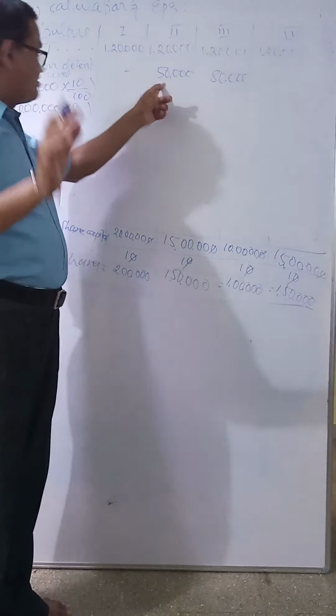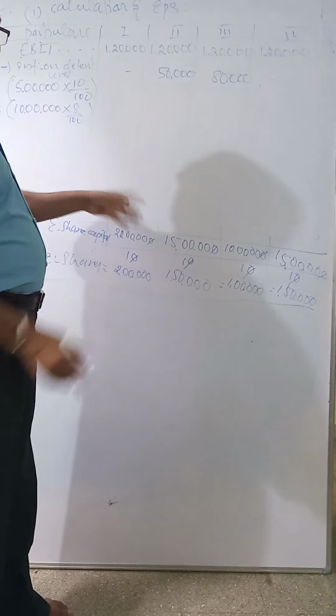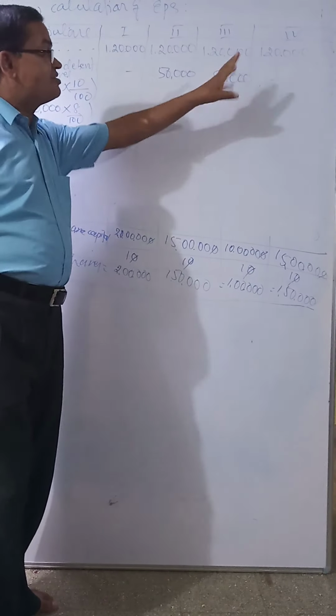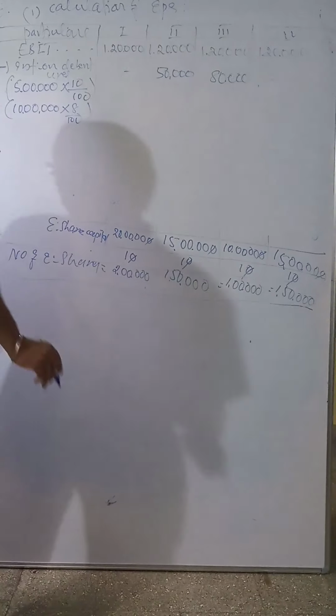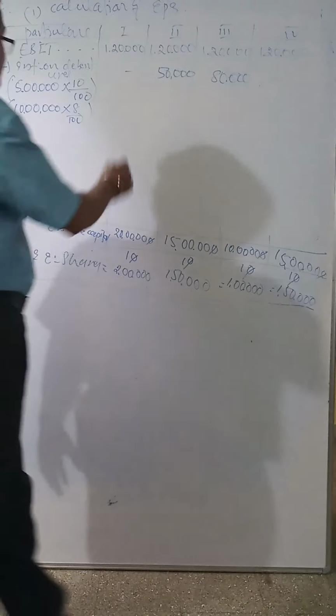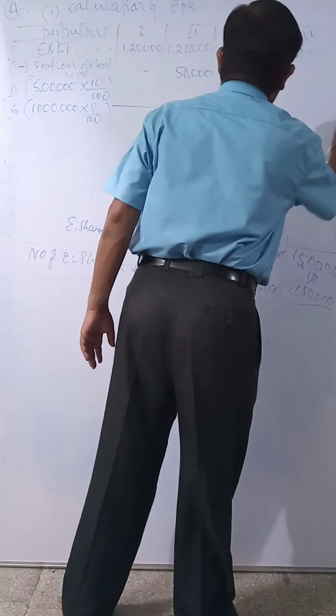See, second plan 5 lakh given at 10%, third plan 10 lakh at 8% is given, so 80,000. So that's all, you have to deduct interest.